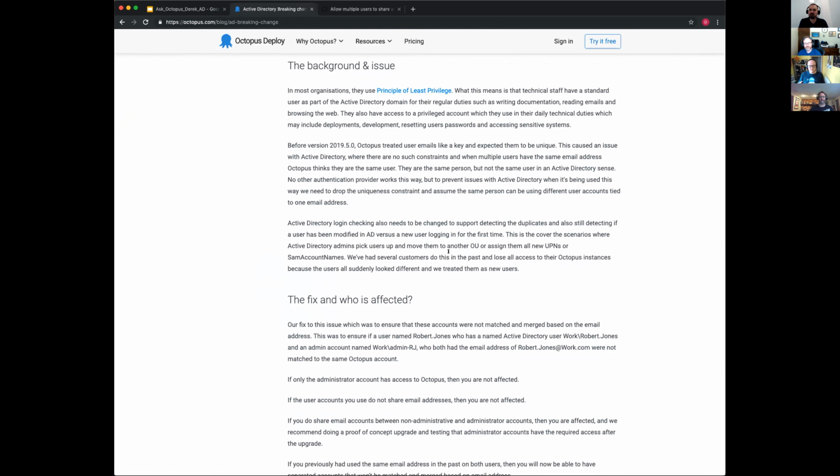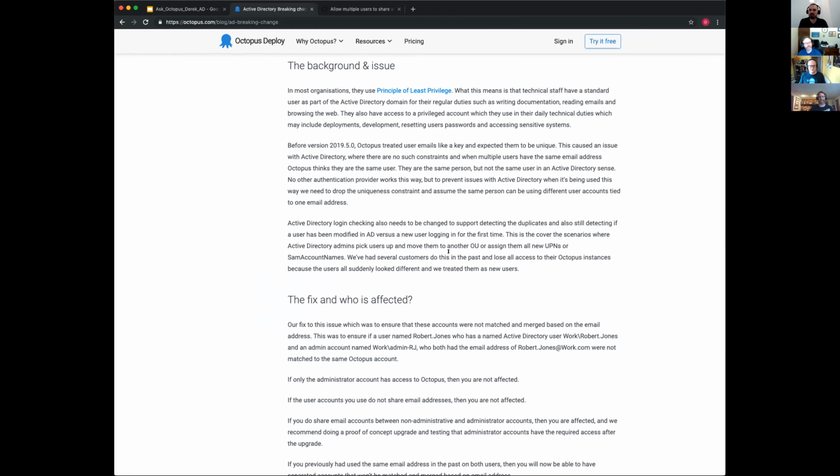There was an issue before 2019 version 5.0, and if you are viewing this beforehand, we recommend doing a proof of concept upgrade. What was happening is that accounts were being merged based on the email address.